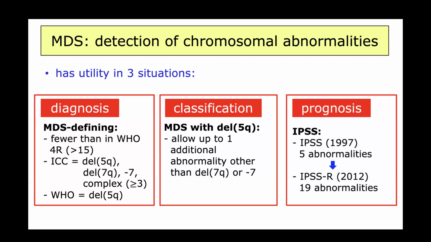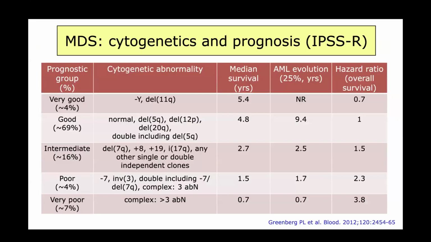With regard to prognosis, in 1997, so quite some time ago, over a quarter century ago, the International Prognostic Scoring System by Peter Greenberg et al. only had 5 cytogenetic abnormalities that were considered to be prognostically relevant. This was updated 15 years later in 2012 with the IPSS-R, R standing for revised, in which now 19 cytogenetic abnormalities, as listed in this table, were determined to be of prognostic relevance.